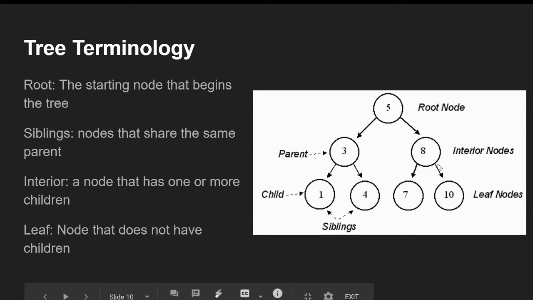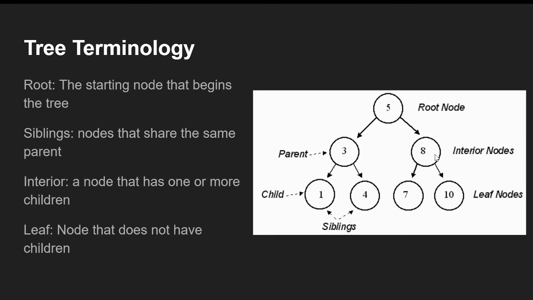All right, and now let's get into some specific terminology with a tree. So you have your root node, as I explained before, and then you have some sort of parent and its child nodes. So root is just the starting node that begins the tree, and sibling nodes share the same parent. So as you can see, they're siblings. And then an interior node is a node that is inside.